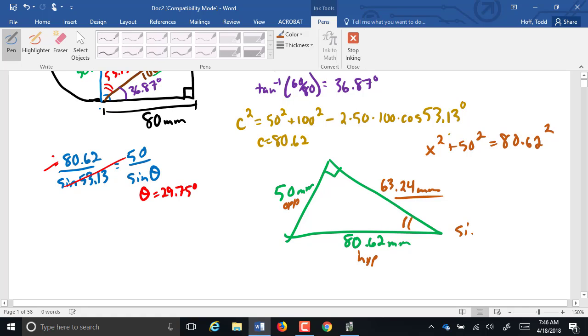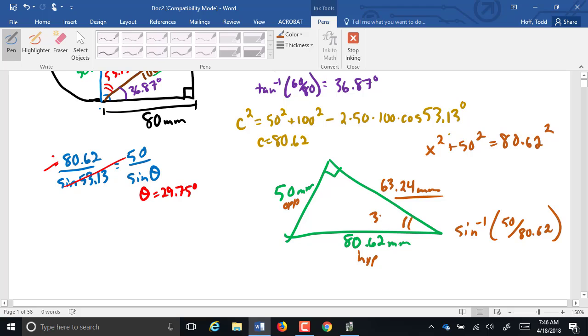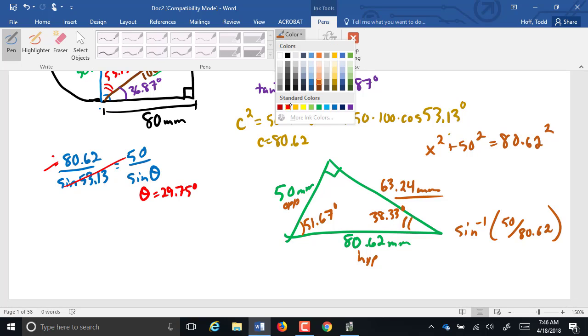So that angle is the inverse sine of 50 over 80.62. 38.33, which makes this angle here 51.67 degrees.